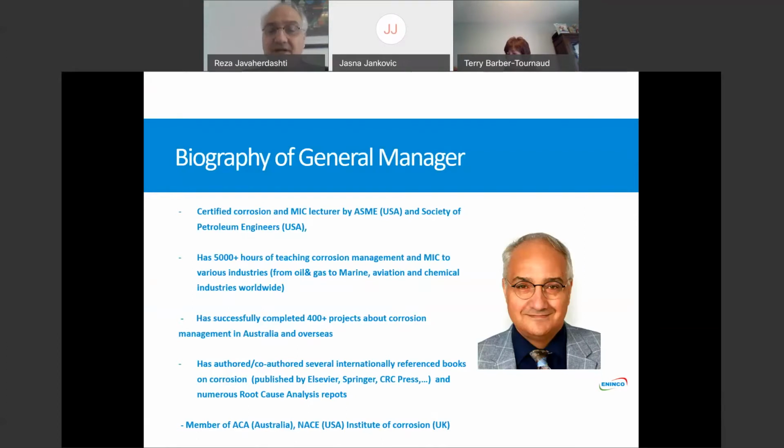I have some books published or to be published by well-known publishers such as CRC Press, Springer, Wiley, and they are mostly about corrosion management and microbial corrosion. I was a member of ACA, that stands for Australasian Corrosion Association Australia, NACE in the US, that now has become AMPP, and also the Institute of Corrosion.